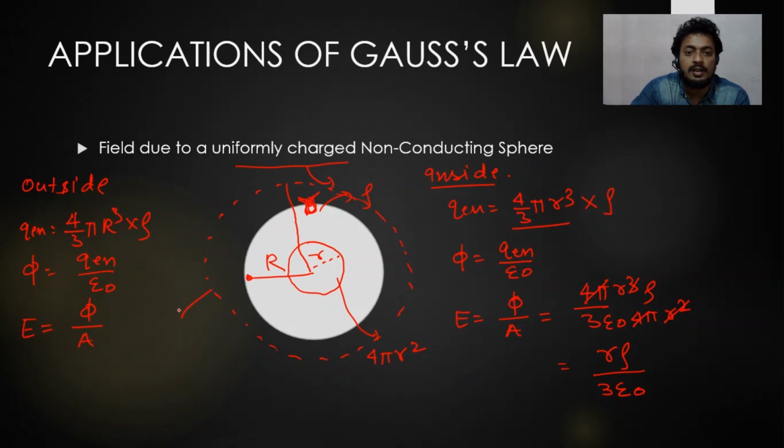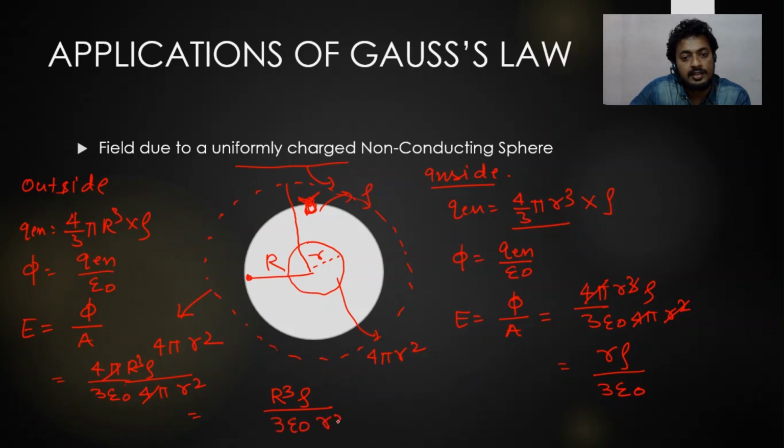The total area of this Gaussian surface will be 4 pi r square. Now solving it, you will get 4 by 3 pi R cube rho enclosed, and the area is 4 pi r square. So it will be R cube rho divided by 3 epsilon r square.